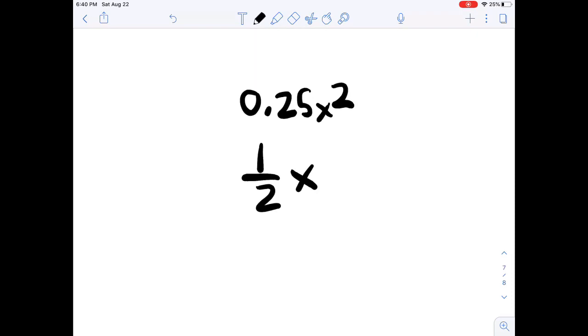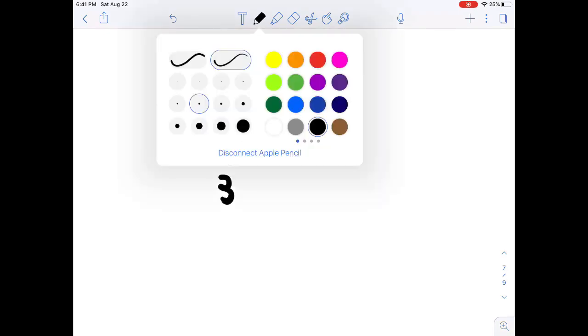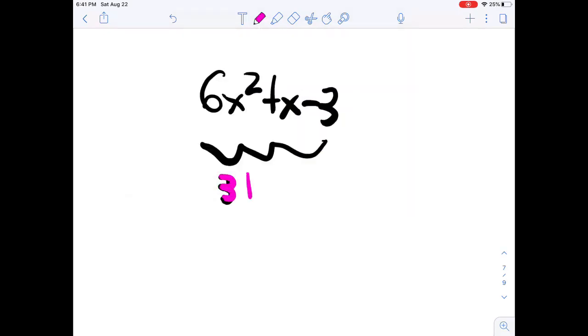Now I will show you an example of a polynomial. 6x squared plus x minus 3. So here we have 3 terms, and they're all being added together.